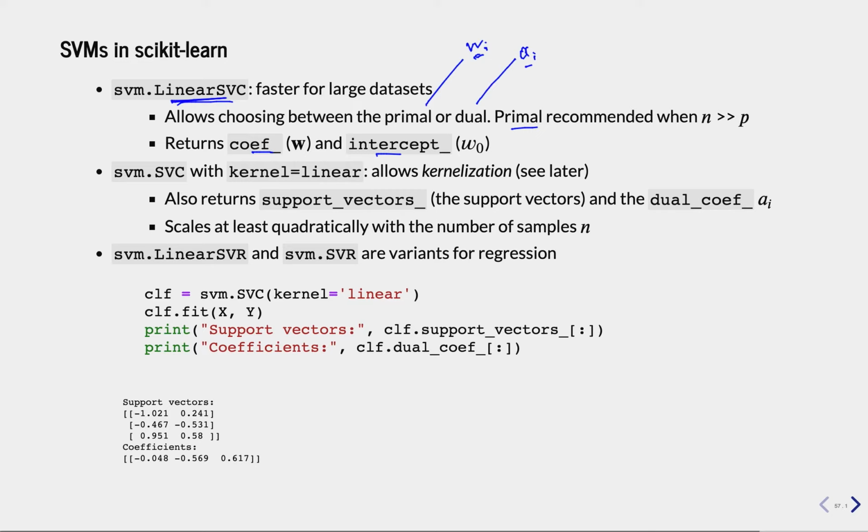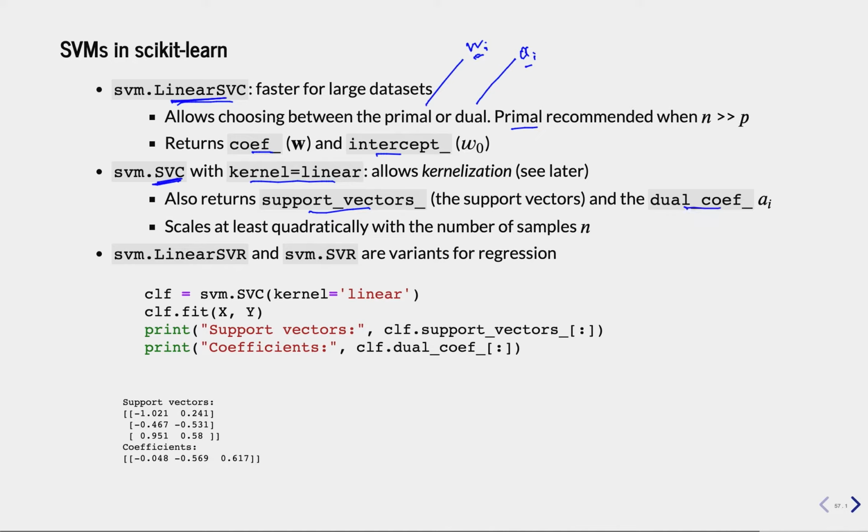There's another version called support vector classifier, SVC, and this, if you want to have a linear model, you have to say kernel is linear. This one also returns support vectors and the dual coefficients.